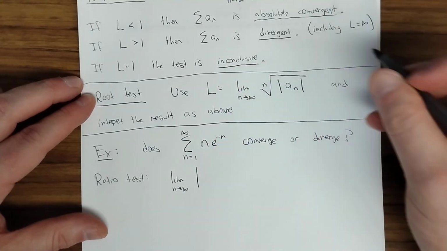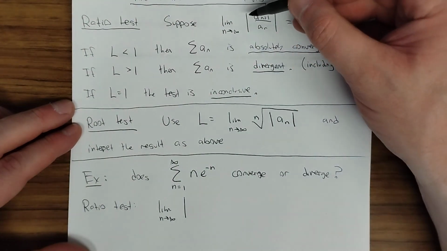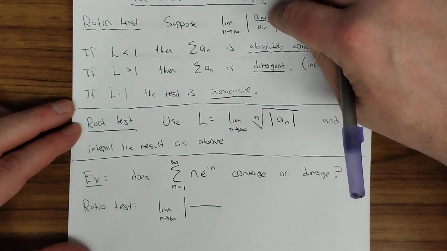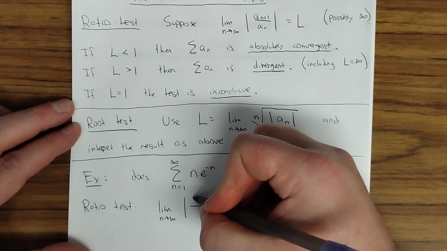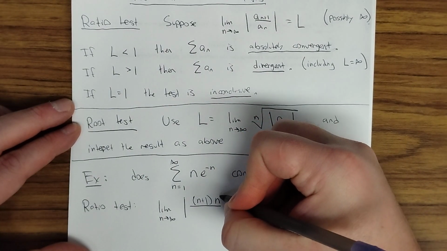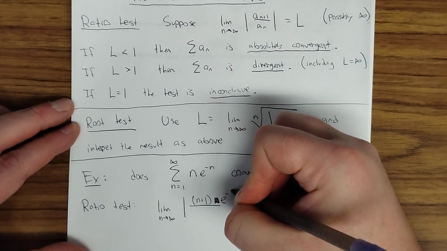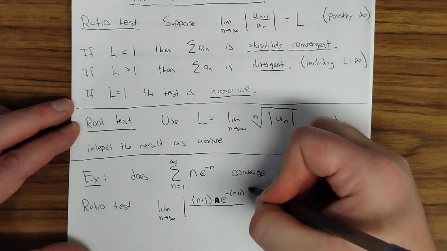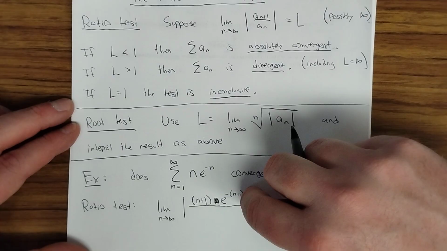Let's find L. So L, I do the limit as n goes to infinity. There's an absolute value. I'm going to do a sub n plus 1. So it's like I take this, but I'm replacing n's with n plus 1s, so that's a sub n plus 1.